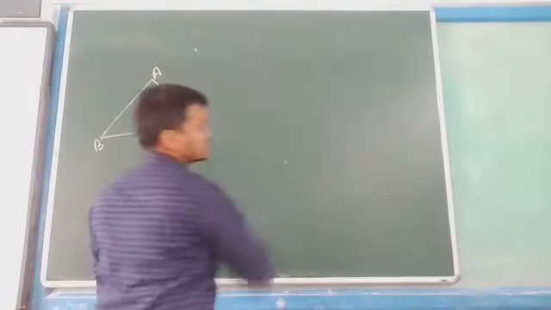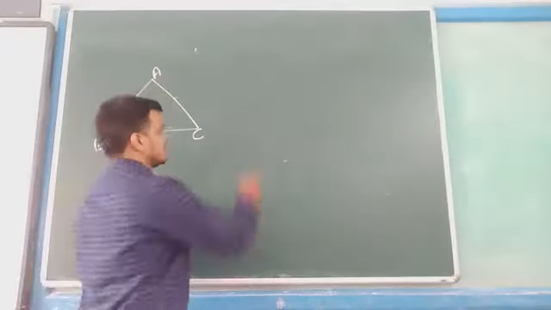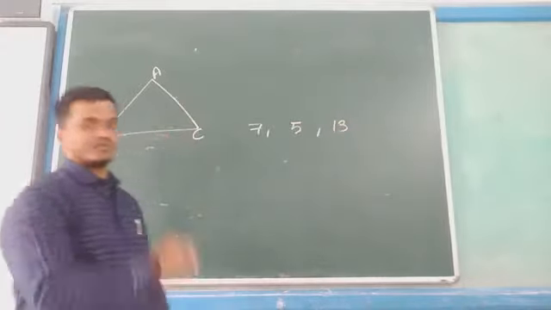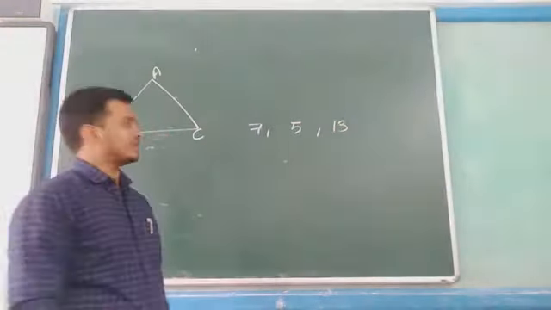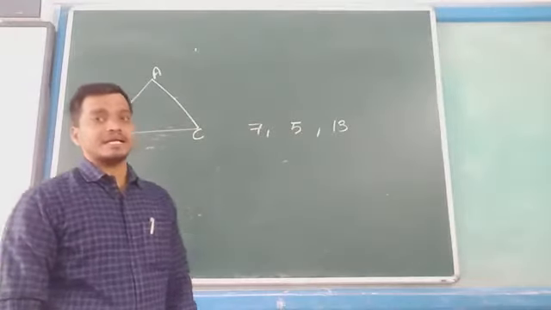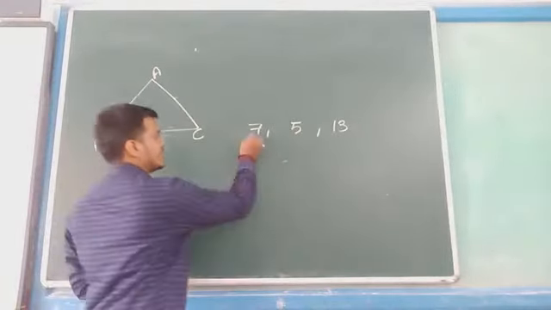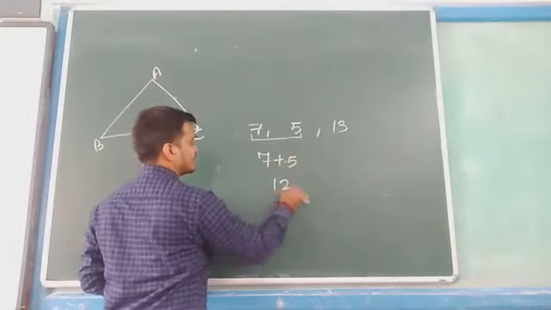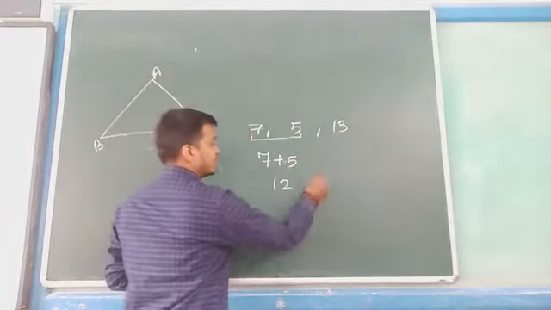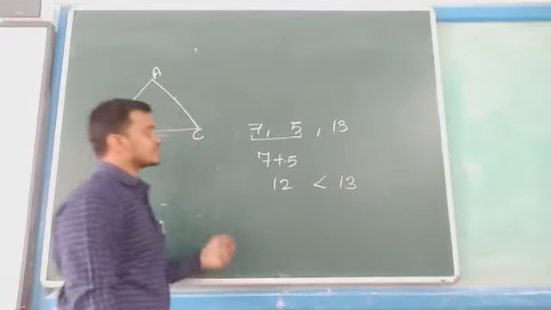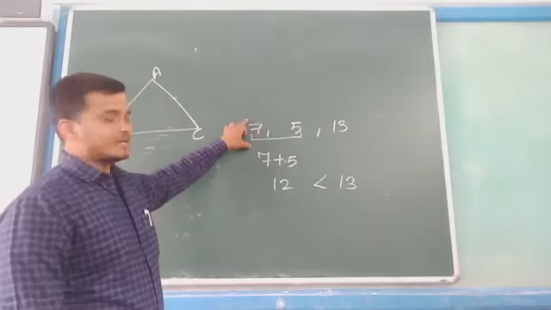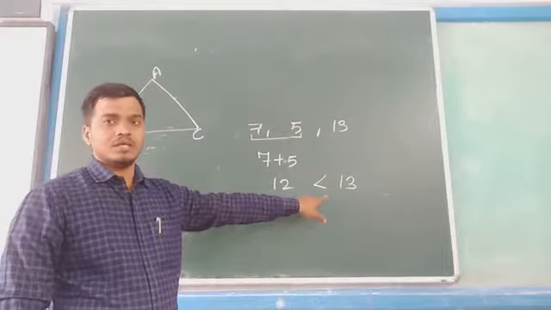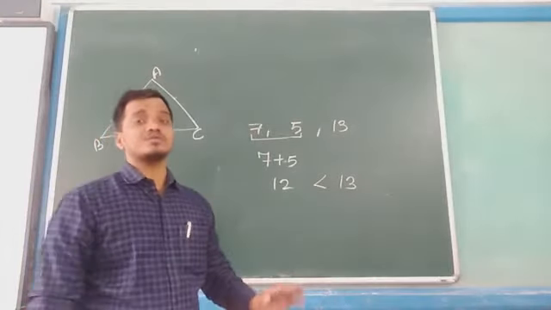But in place of this, if you write the numbers as 7, 5, 13, that is, one side of the triangle measures 7, another 5, and the third 13. So here 7 and 5, when you add, 7 plus 5 will be 12. And 12 is smaller than 13, meaning the sum of two sides is coming smaller than the third side. In this condition, your triangle is not possible.